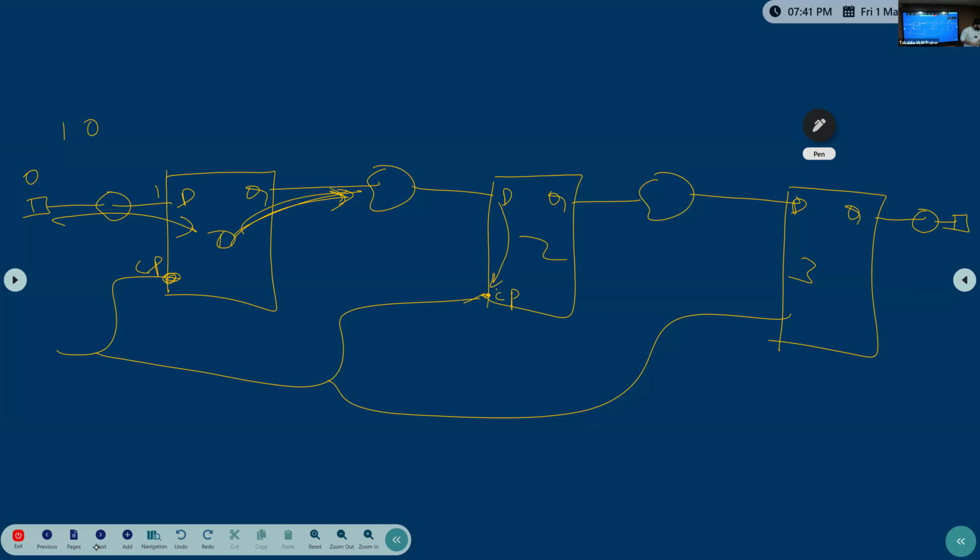What is the setup time definition? The minimum time data should be stable before the activation of the clock. What is the real equation, if someone asks?